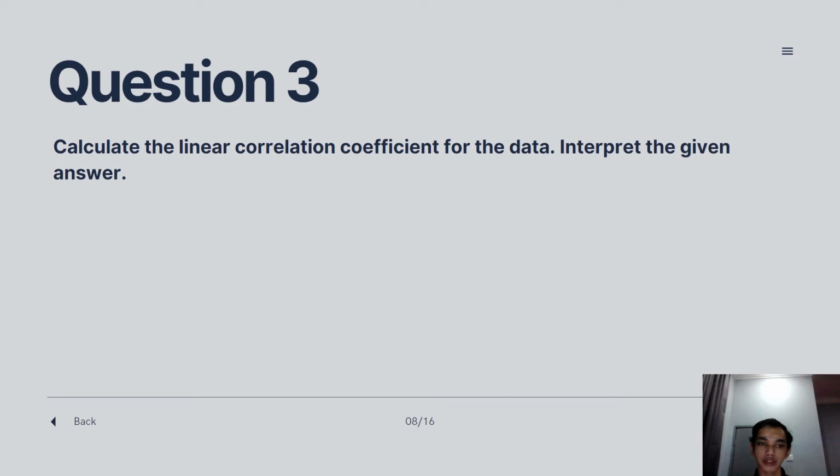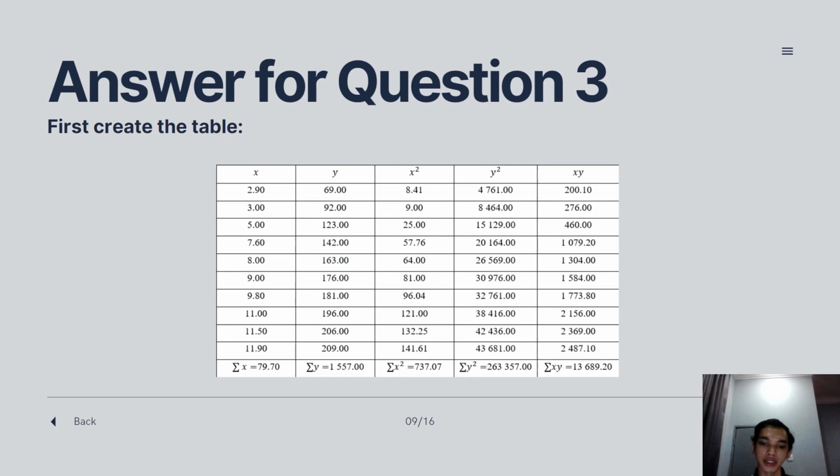And for question 3, calculate the linear correlation coefficient for the data. Interpret the given answer. Firstly, create the table, and by this table we can get the sum x, the sum y, sum of x to the power of 2, sum of y to the power of 2, and sum of xy.